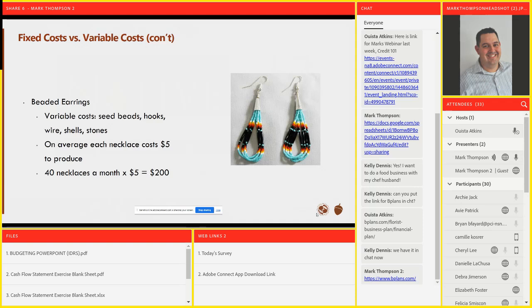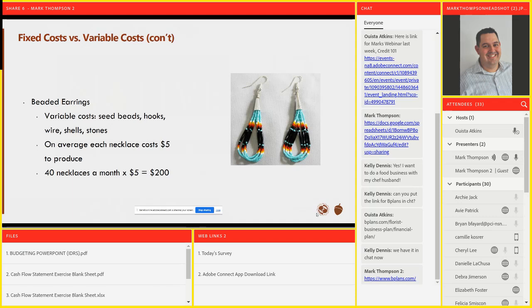And one of the things is we can calculate what it costs to make this necklace by looking at these variable costs. So if we add all the different things, we're looking at this necklace right here. We add up our seed beads, our hooks, our wires. It's going to cost $5 to produce, right? And so as we look at this, 40 necklaces a month times $5 is $200.